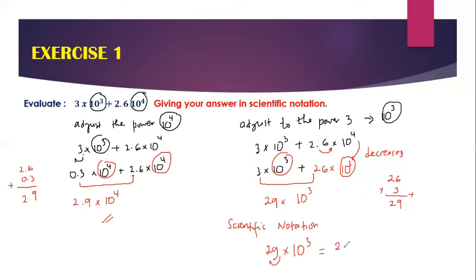So 2.9 times 10 to the power of 4. So when we have one digit before the decimal, scientific notation is done. Is it clear?